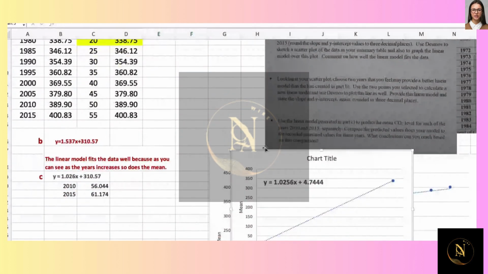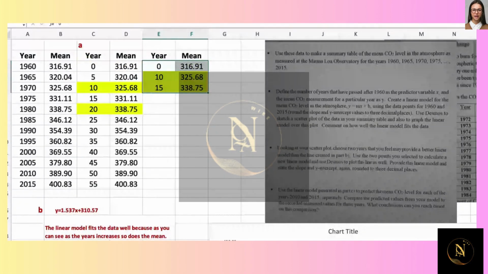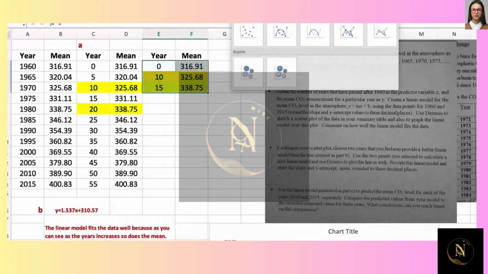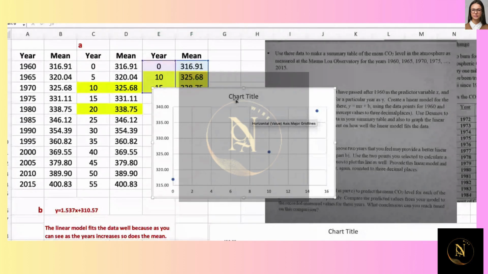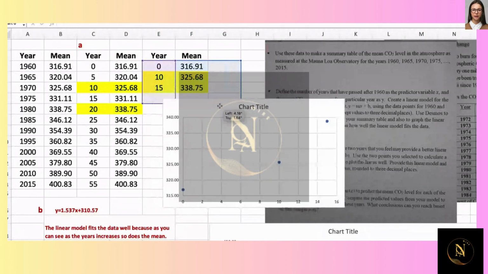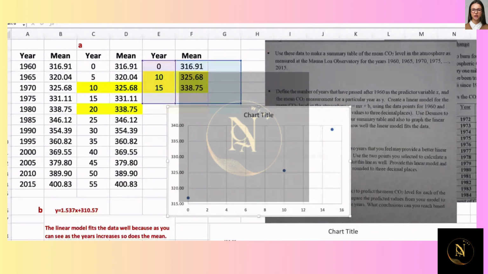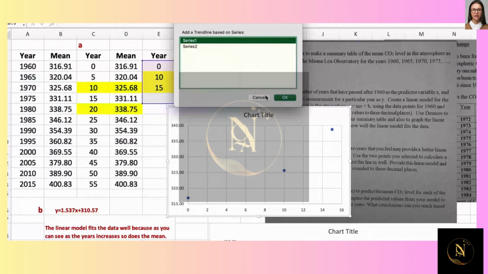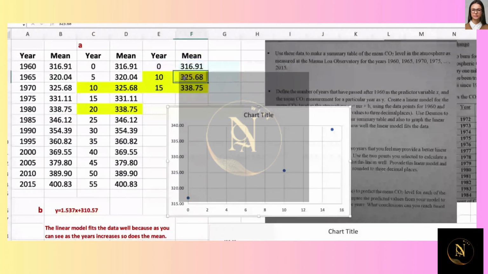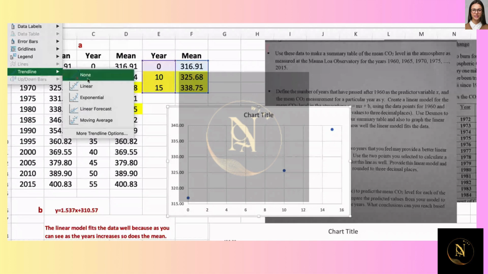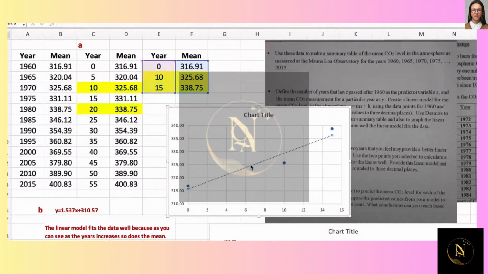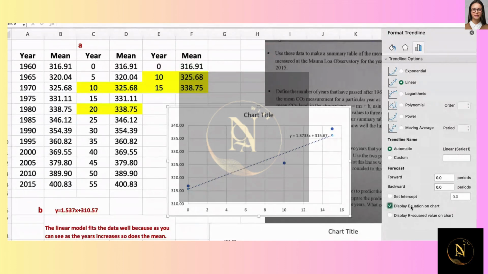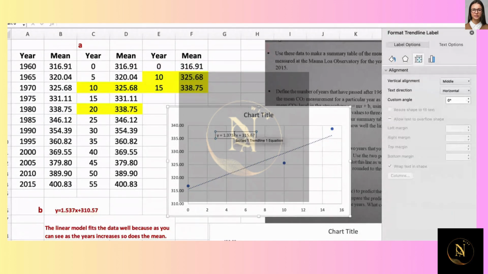So that's not right. Here we go. Okay, so I need to add a trend line. Okay, add a trend line to this. And then here we go. All right, that's more like it.